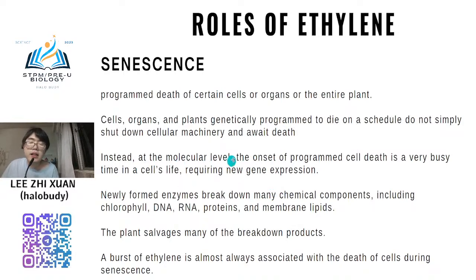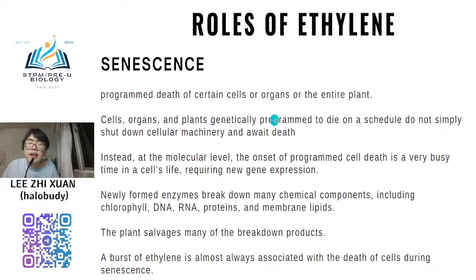At a molecular level, the onset of programmed cell death is a very busy time in a cell's life and requires new gene expression. There are many enzymes formed to break down the chemical components, including chlorophyll, DNA, and RNA. You need to break down all the components inside the cell.